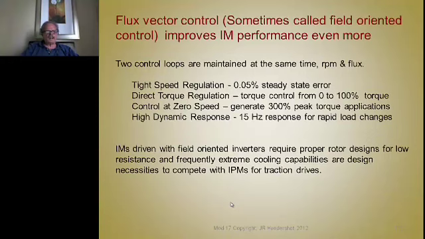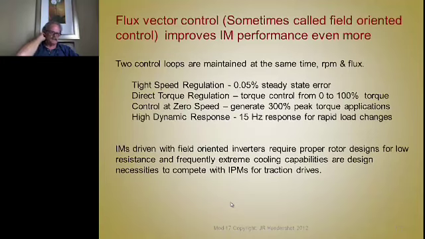You get very tight speed regulation, 0.05% steady state error, direct torque regulation, torque control from 0 to 100% torque, control at zero speed, you can generate as much as 300% peak torque at zero speed, and for some applications that require that, high 15 hertz response for rapid load changes.